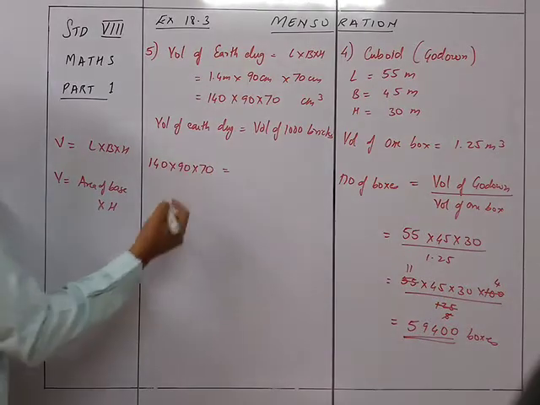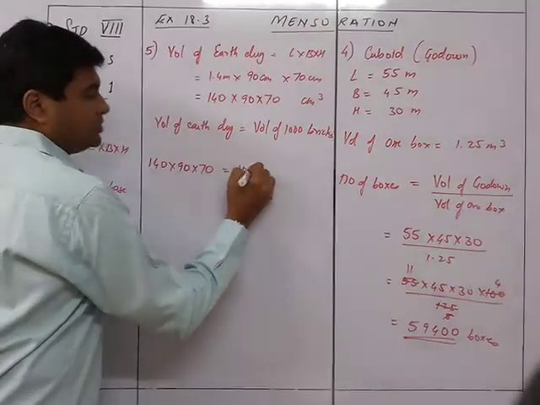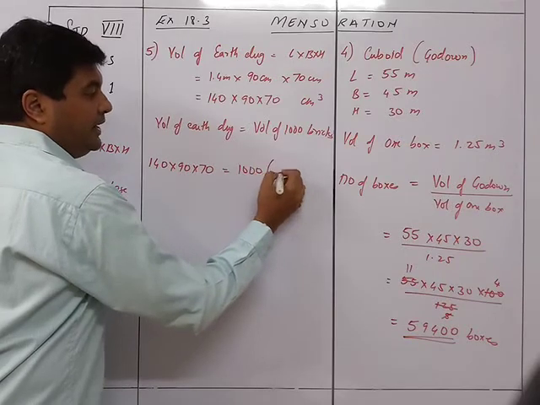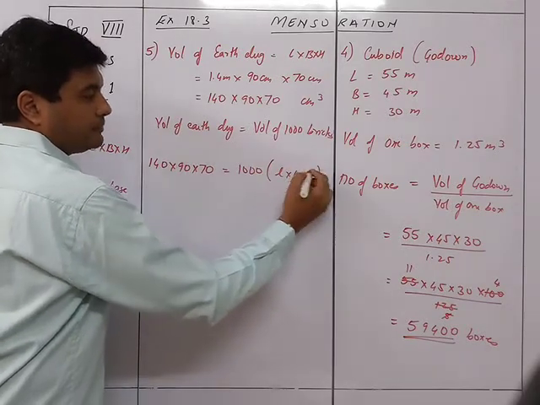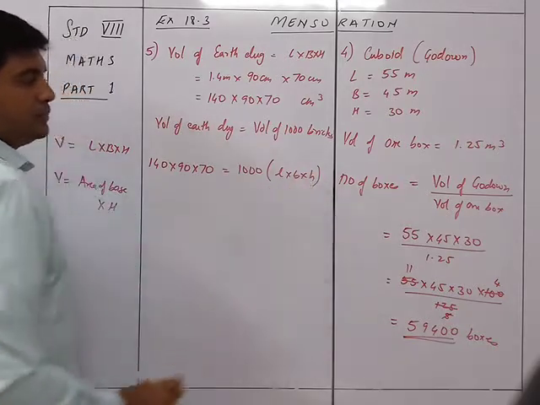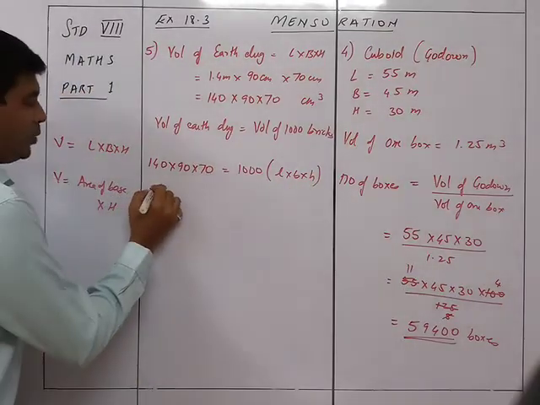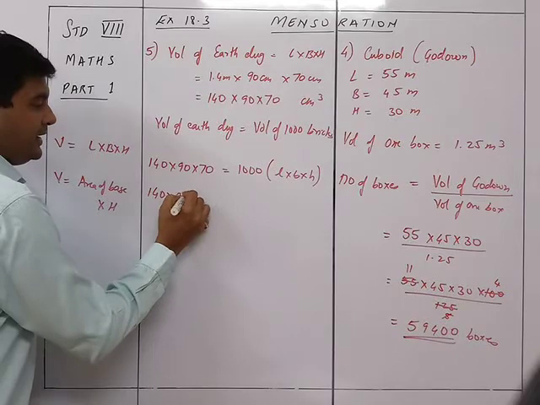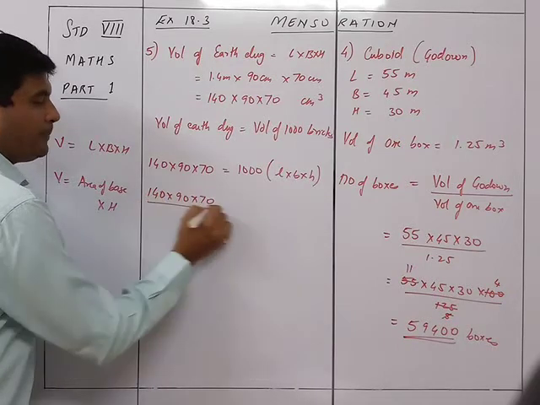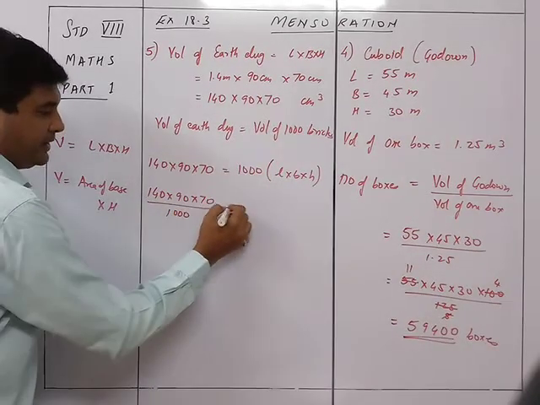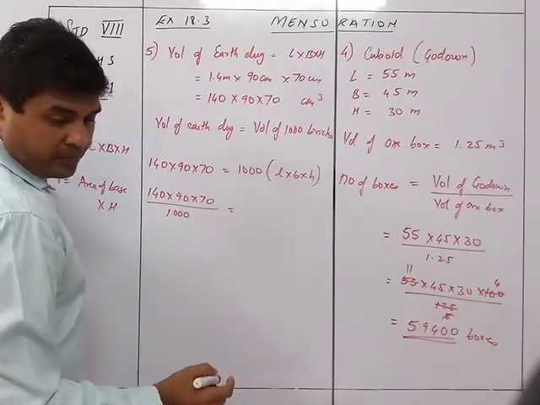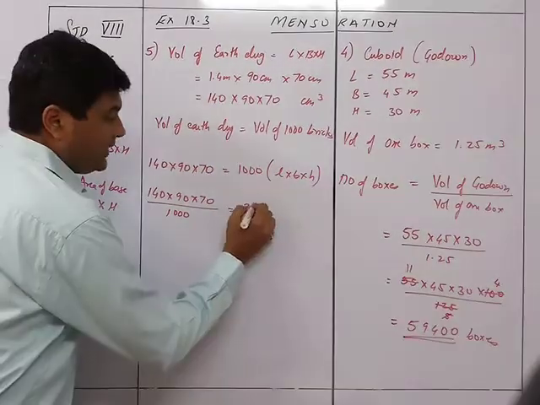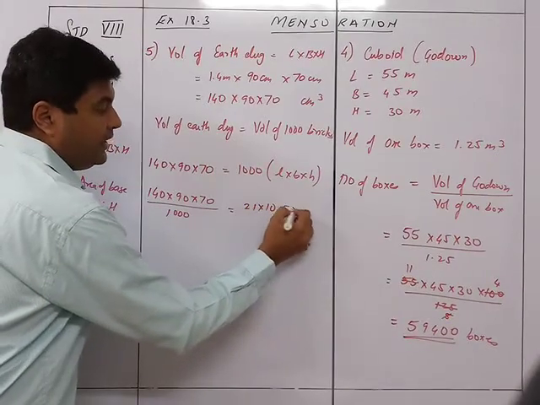And the volume of the bricks is 1000, because 1000 bricks are there, into L into B into H of the brick. So it will be 140 into 90 into 70 upon 1000, which will be easier. And here L is known to me as 21. This is 21 into 10.5 into H.